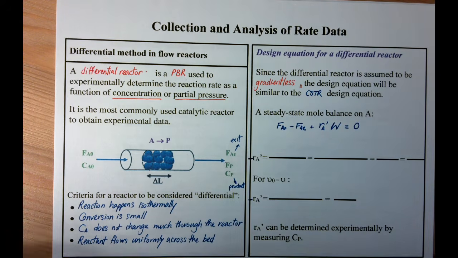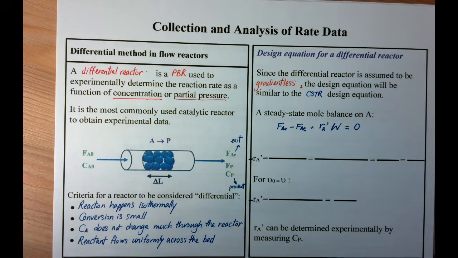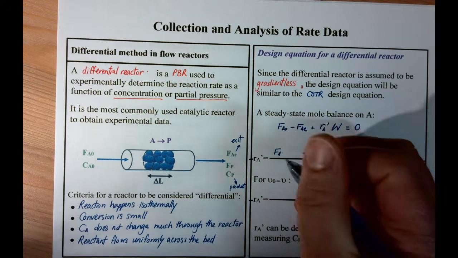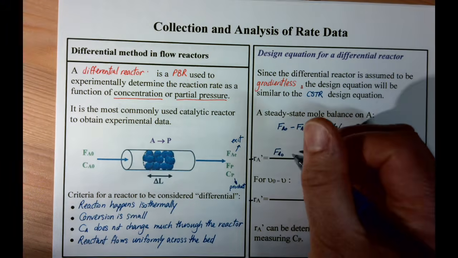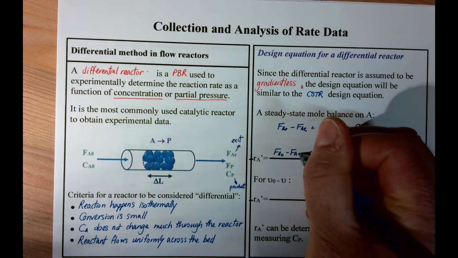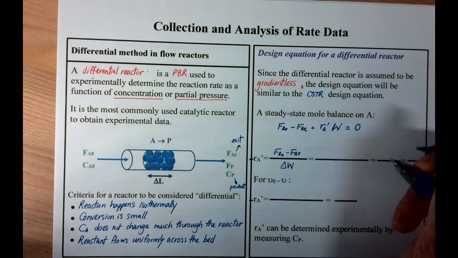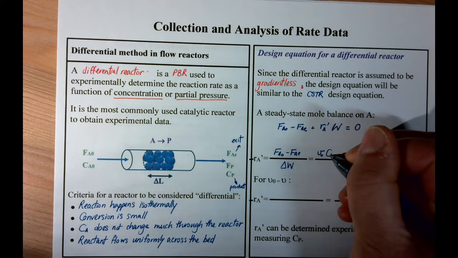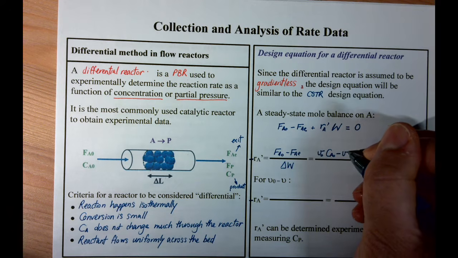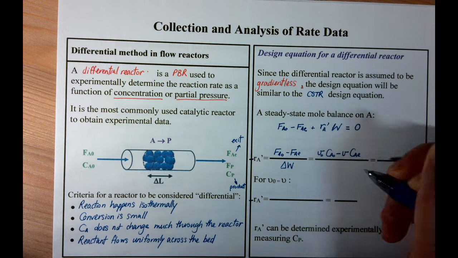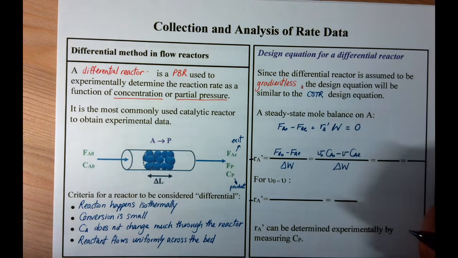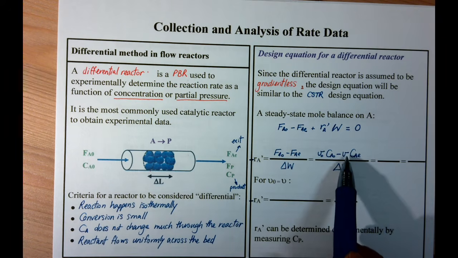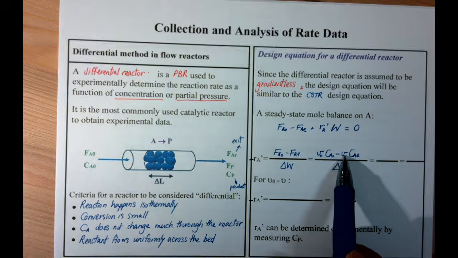The negative Ra prime is going to be, just doing algebra from here, Fa naught minus Fae divided by delta W. And in terms of concentration, this would be V naught times CA naught minus V times CAE divided by delta W, where this is the volumetric flow rate going in, this is the volumetric flow rate coming out.